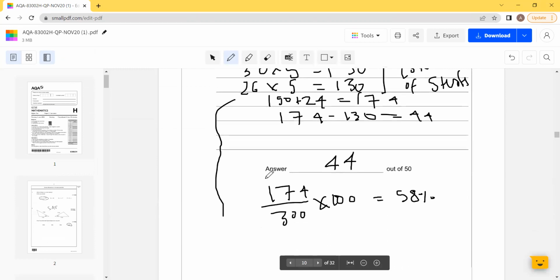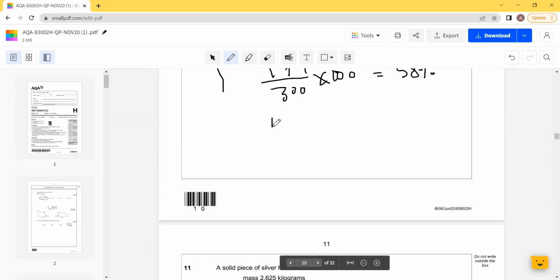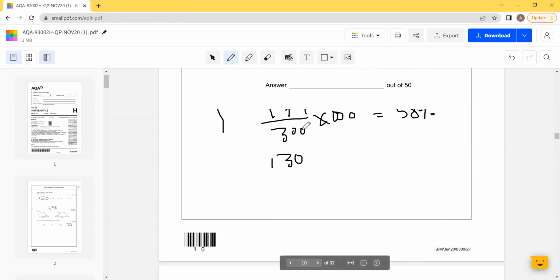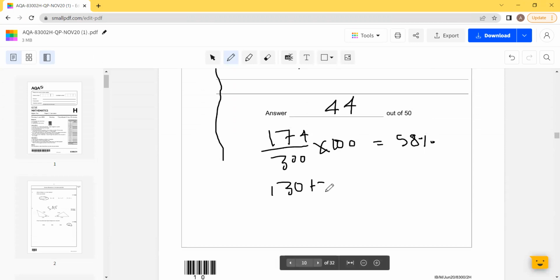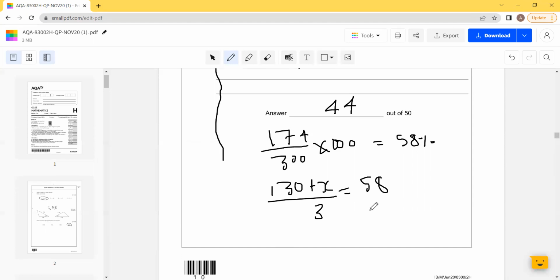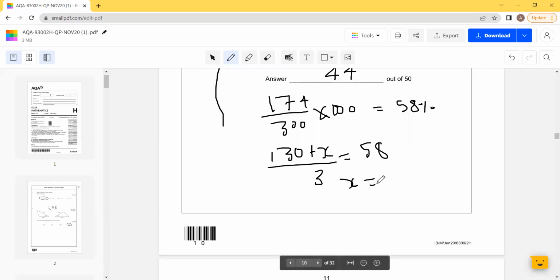So what you can do after this is just do (130 plus x) over 3 is 58, because 58%, I've just simplified it. By doing 100 over 300, I've just written it as over 3. So our x, again, is just 174 minus 130, which is 44.